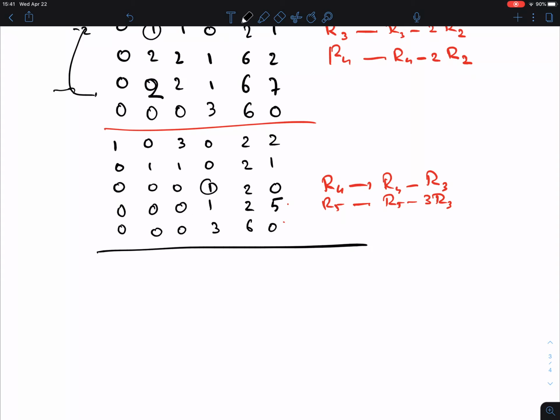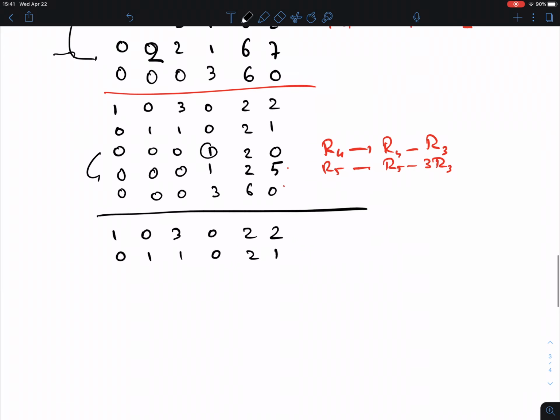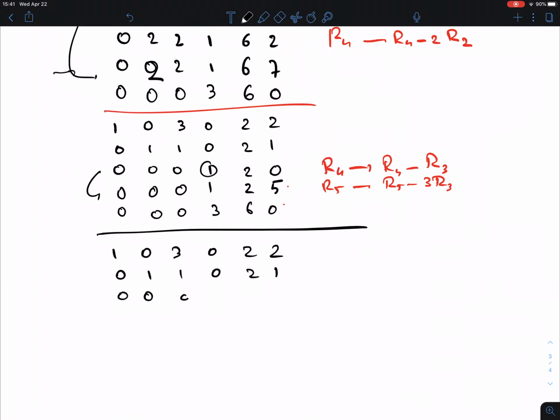So we're going to subtract this from that. So we get 1, 0, 3, 0, 2, 2, 0, 1, 1, 0, 2, 1, 0, 0, 0, 1, 2, 0, 0, 0, 0, 0, subtracting 0, subtracting 5, okay?